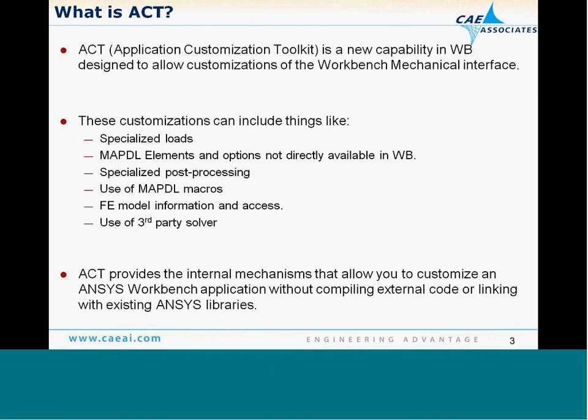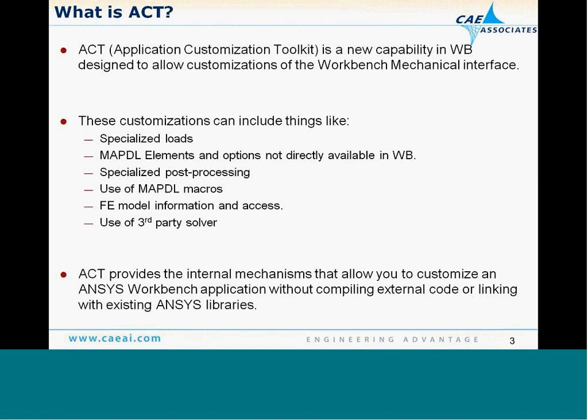So talking about ACT, well, it's called Application Customization Toolkit, but it's really just a new capability that came out in Workbench that allows you to build your own features into the Mechanical interface, to customize that interface for your specific needs.